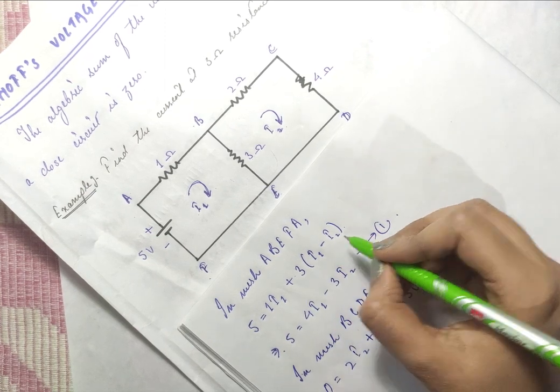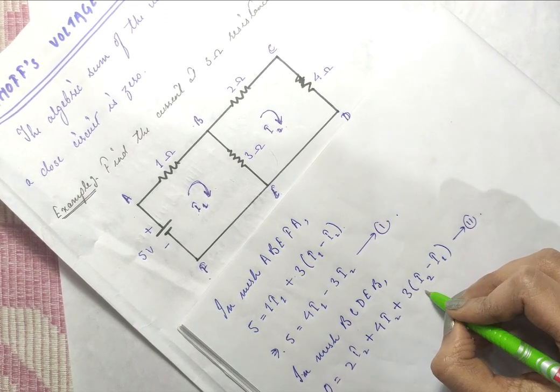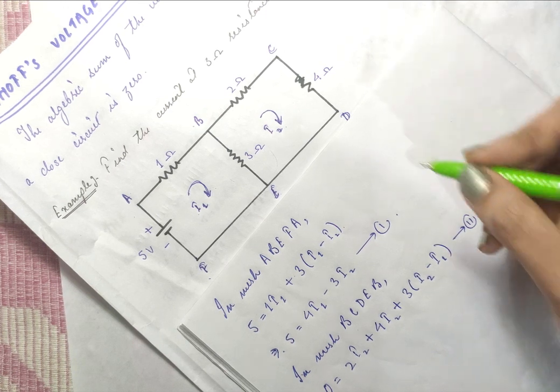Earlier it was I1 minus I2, here it will be I2 minus I1, since it is in the case of loop 2.